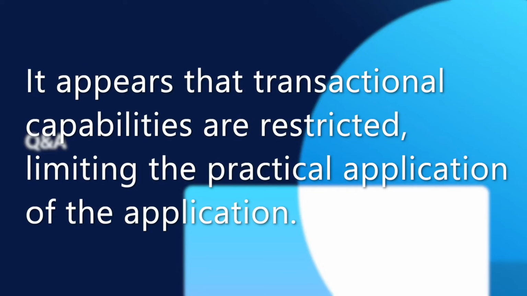And then it says, it appears that transactional capabilities are restricted, limiting the practical application of the app. Yes, that is correct. This is the first ever step towards that. Currently, it only has inventory on hand viewing or querying capability, but we are definitely capturing the feedback as you provide what capabilities you would like to see, like inventory adjustment or inventory movement or anything like that.